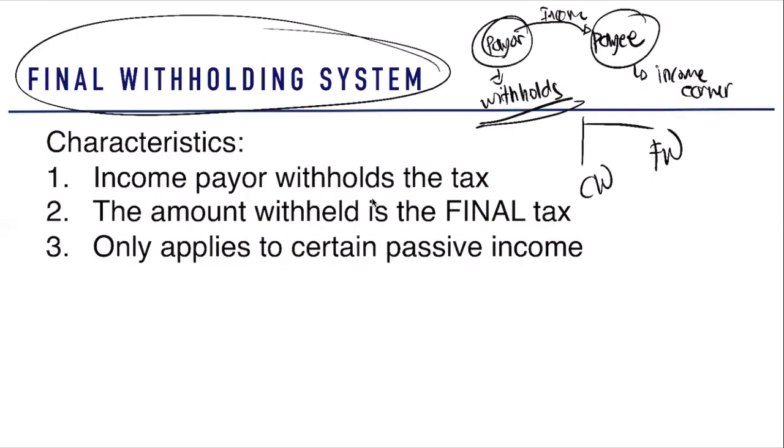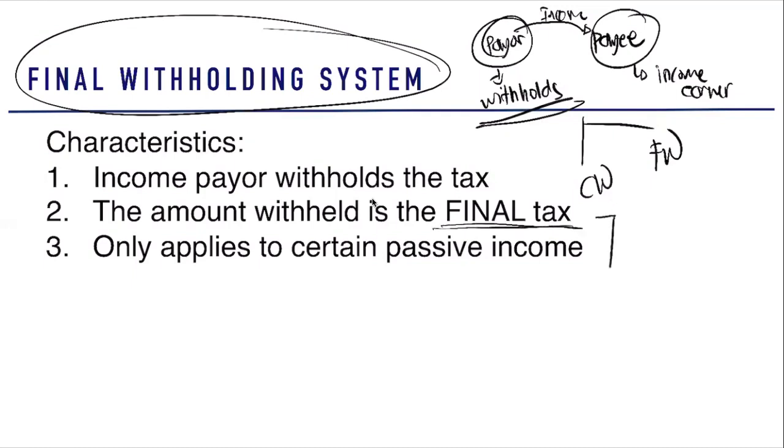So what are the characteristics? The first characteristic is that it is a withholding by the income payer. We said that if the payer will pay the payee an income, the payer will withhold a certain percentage of that income. Next, the amount withheld here is the final tax.